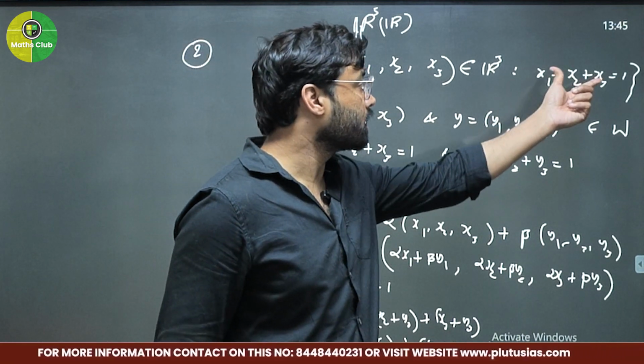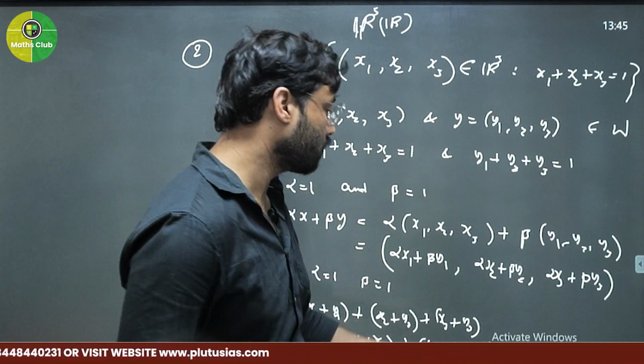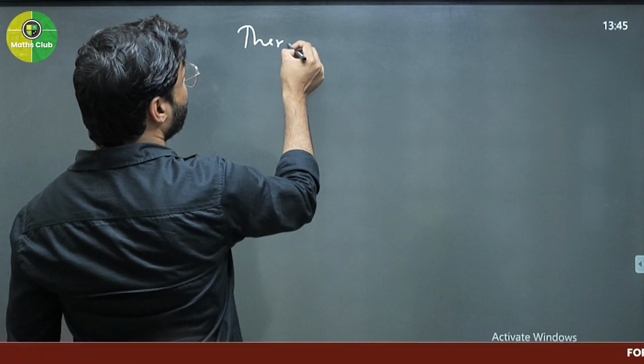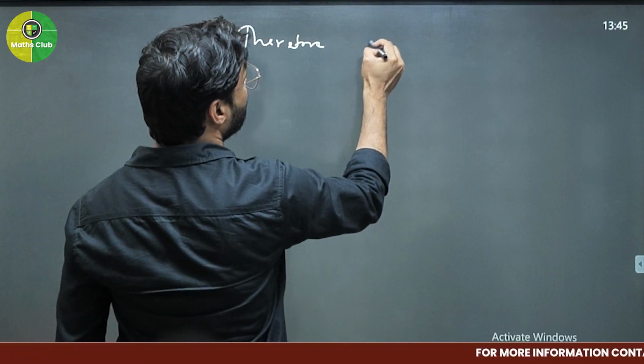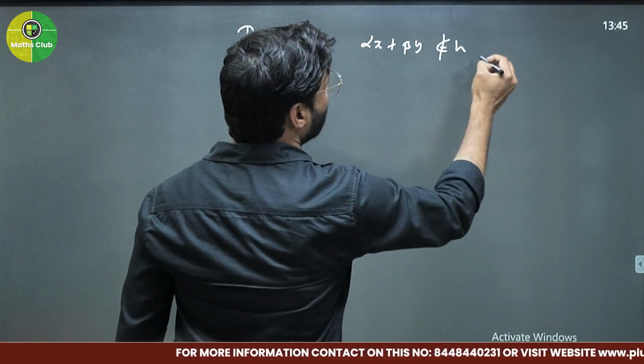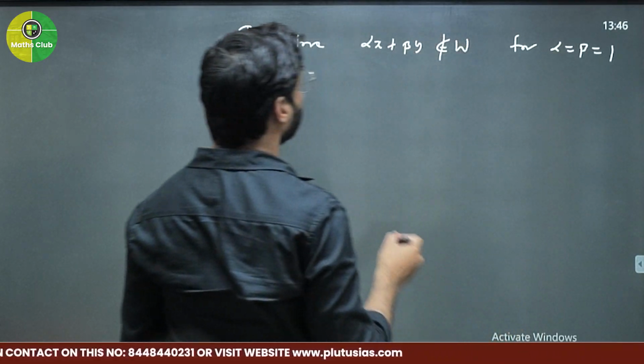We must get 1, then only we can say that alpha x plus beta y belongs to W, and therefore alpha x plus beta y doesn't belong to W for alpha, beta equal to 1.